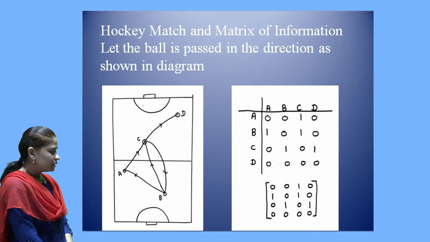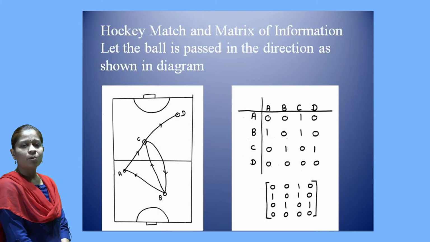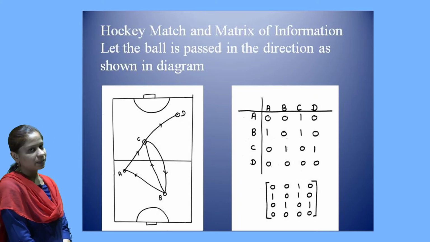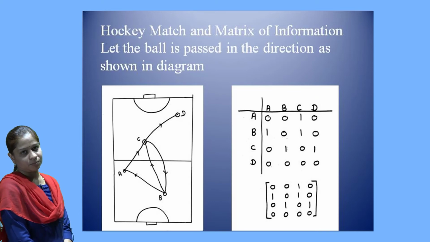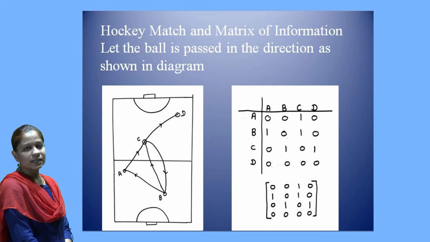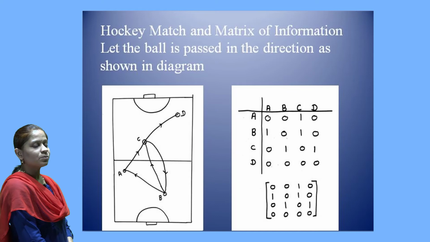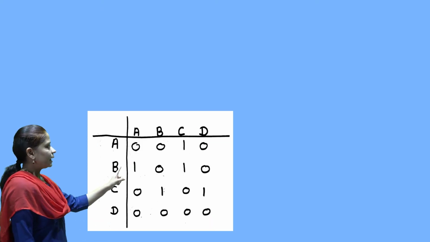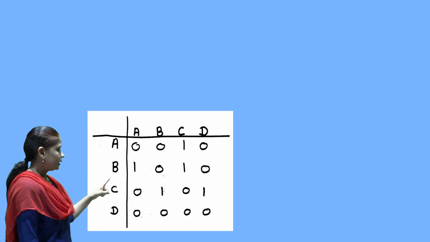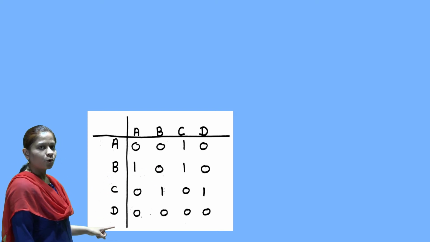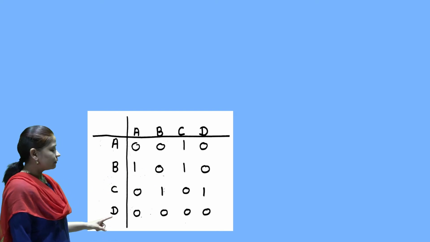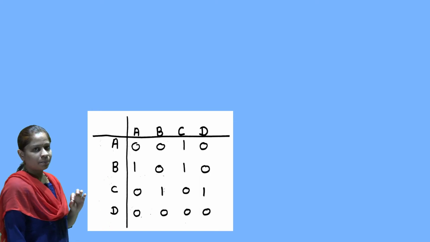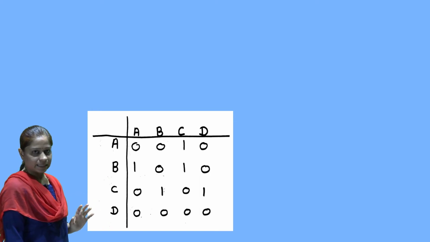This information of passing of the ball can be recorded in matrix form. To understand this, we will write down the names of the players in a row and in a column. So A, B, C, D, A, B, C, D are the 4 players, and we know that A cannot pass the ball to A itself.